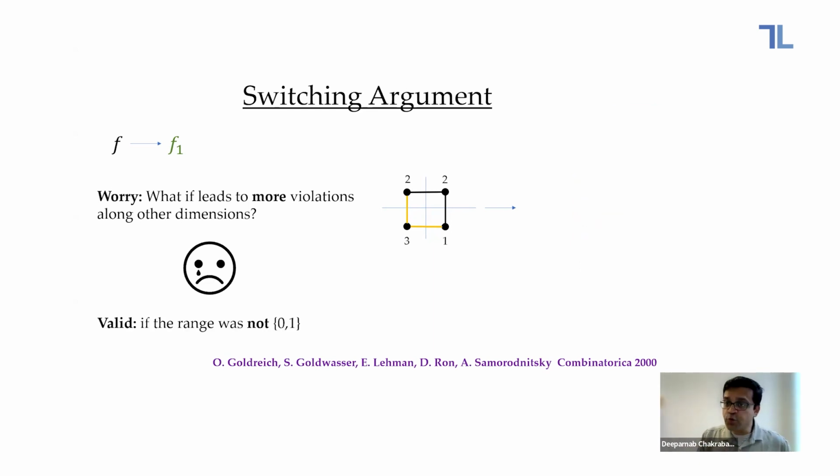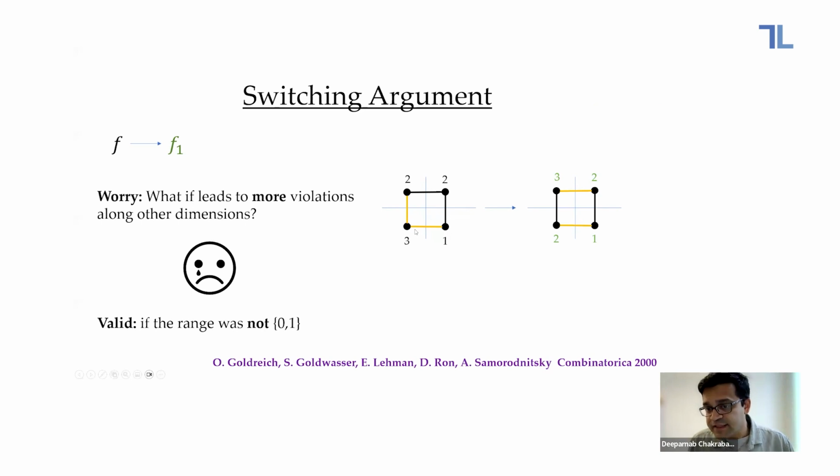And indeed, it's a true worry if the range was not 0, 1. Okay, so here is an example to showcase the worry. Here is a function on 4 points with these values. So clearly this is a violation, 3, 2. If I switch and fix it, so if I make this 2, 3 into 3, 2, and this is not a violation, so this remains 2, 1, then indeed the horizontal edges become violations.